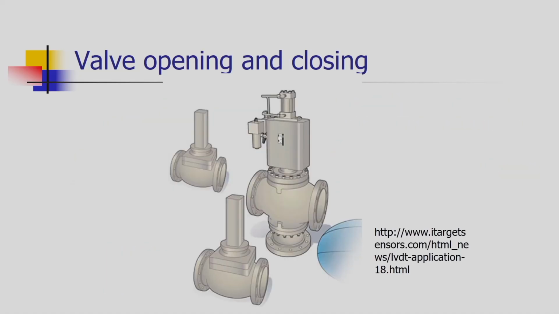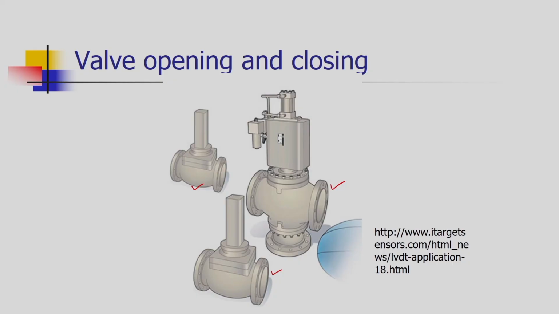One more important application of LVDT sensors: these are very huge valves which are used for controlling the direction of fluids, the water. To control the flow of water, these huge valves are used. The opening and closing of these valves is operated by using an electric motor.